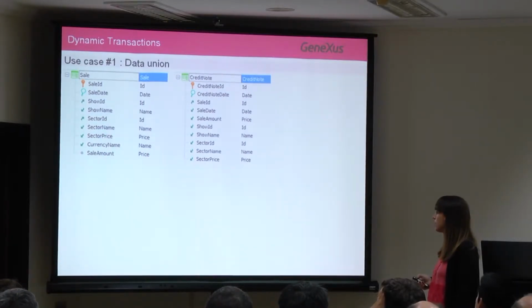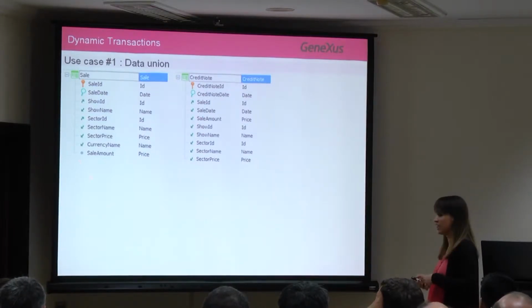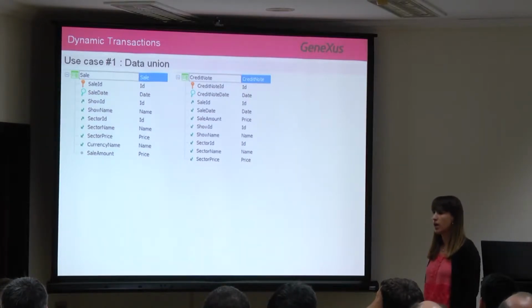Now, whenever there is a return of a ticket, then you have to write out a bill of credit. So there you have an identifier, a date, and you simply indicate the ID of the sale. So all the data is brought in, and let's suppose it's on the ticket, it's printed, and so you are returning it.